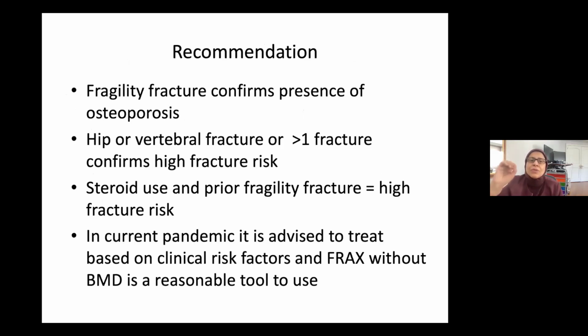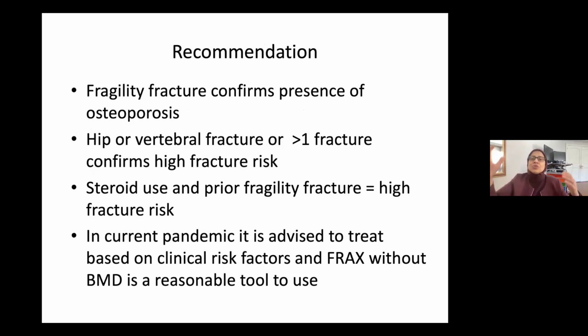So currently we recommend that if someone has had a fragility fracture, this confirms the presence of osteoporosis. And if someone has had a hip or a vertebral fracture or more than one fracture, this confirms a high fracture risk. If someone has had a prior fragility fracture and they've been on steroids, 7.5 milligrams for 3 months or longer, they would also have a high fracture risk.